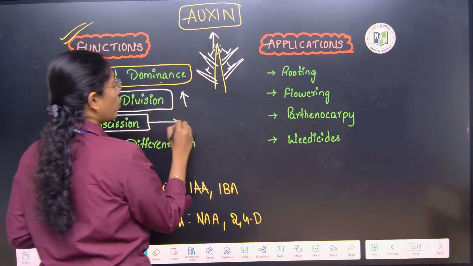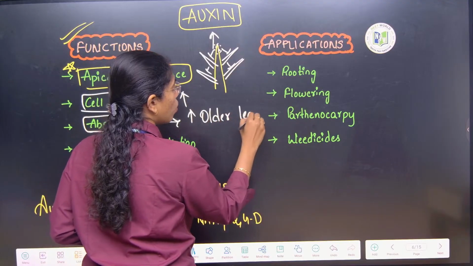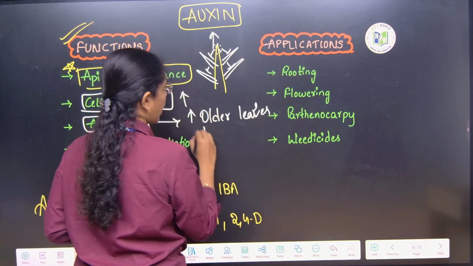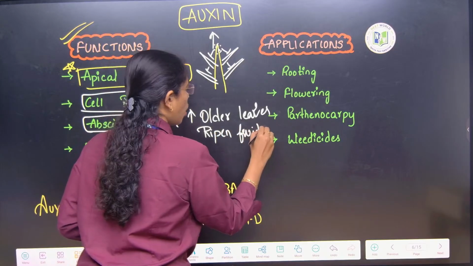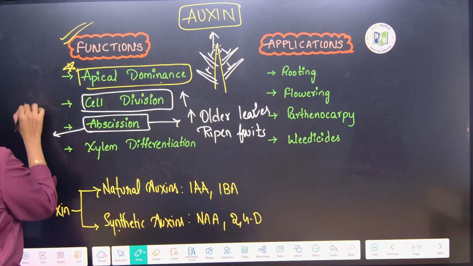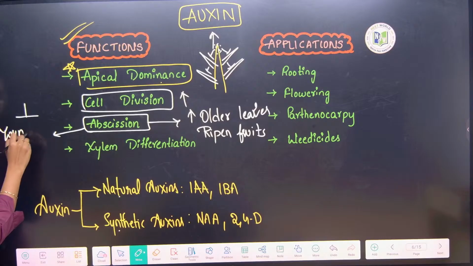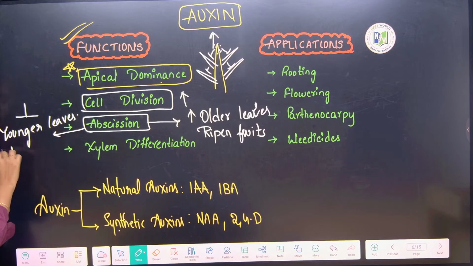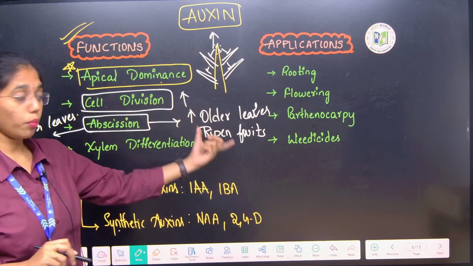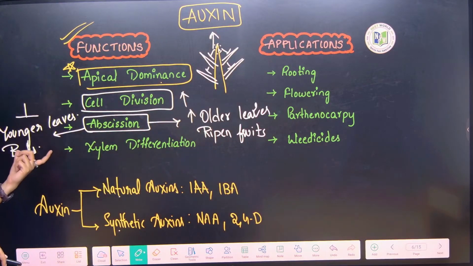Auxins will promote the abscission of older leaves and ripened fruits, and auxins will inhibit the abscission of younger leaves and buds. Okay, it plays a dual function for abscission.